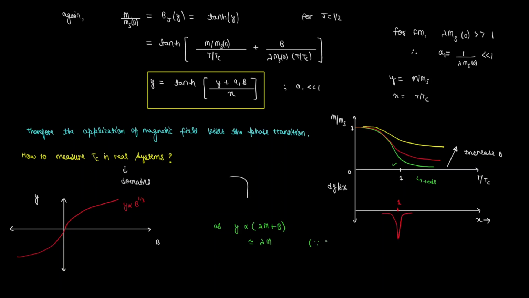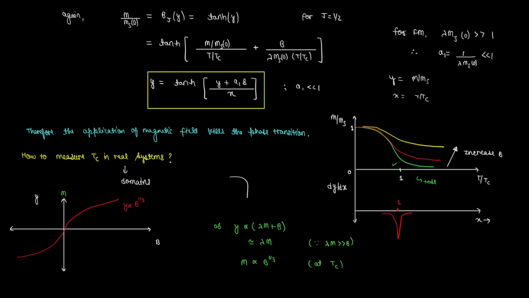So this curve represents the magnetization as a function of magnetic field, and you will see that magnetization is almost proportional to B raised to the power 1/3, and this approximation is valid at the transition temperature. You can see this variation in this phase transition curve also: as you increase the magnetic field, the spontaneous magnetization increases with B as B to the power 1/3.